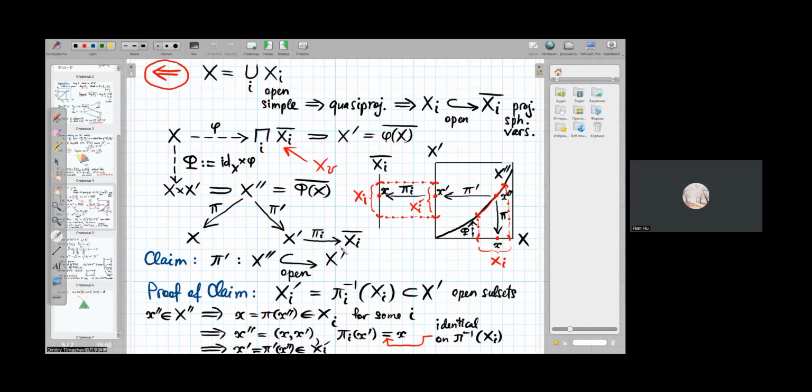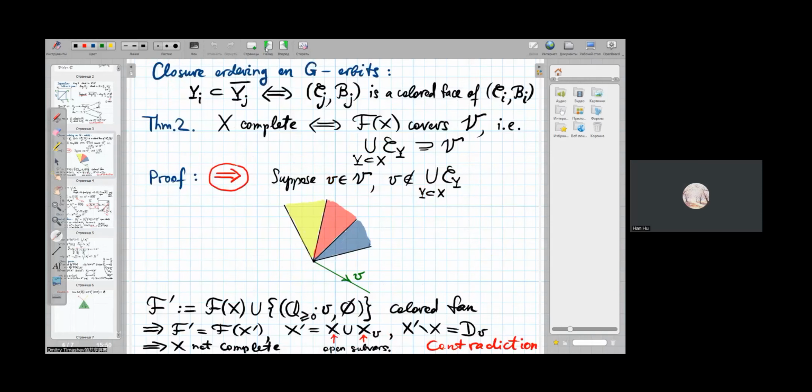If we knew the theorem that I can complete my X, then the proof of the reverse implication would be a few lines. Because if I can embed X in a bigger variety, X bar, which is complete, then this X bar would also be spherical, and the fan of X bar would be bigger than the fan of X. But if the fan of X covers the whole V, I cannot construct a bigger fan.